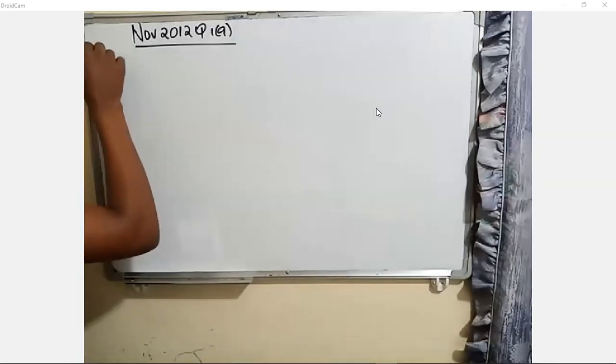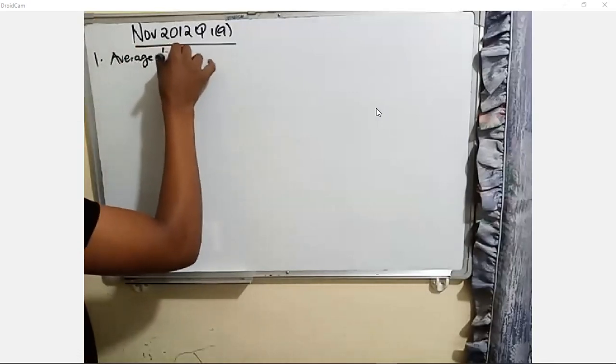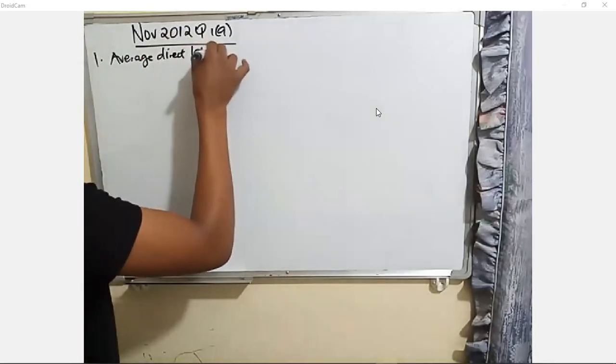In this question, we are being told to calculate the average direct labor costs, and then for the 8th batch and so forth. So the first thing, number one, the examiner is asking me for the average direct labor costs.